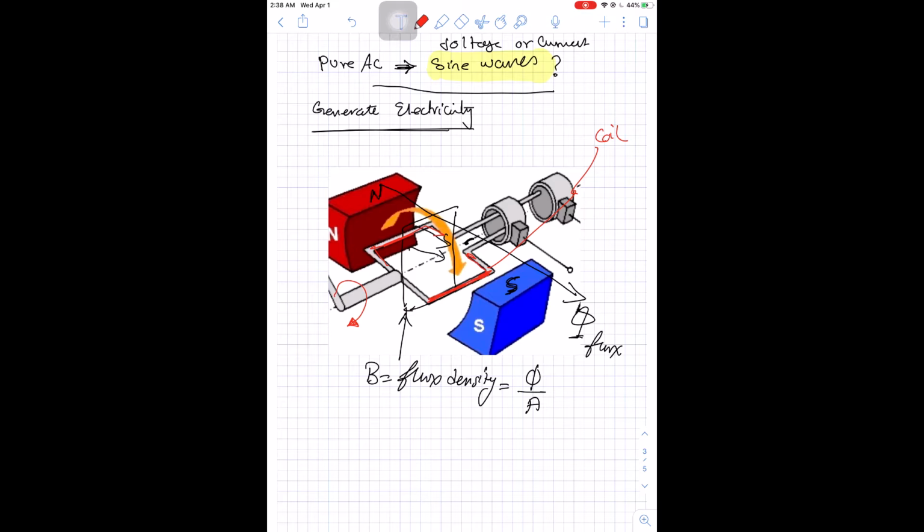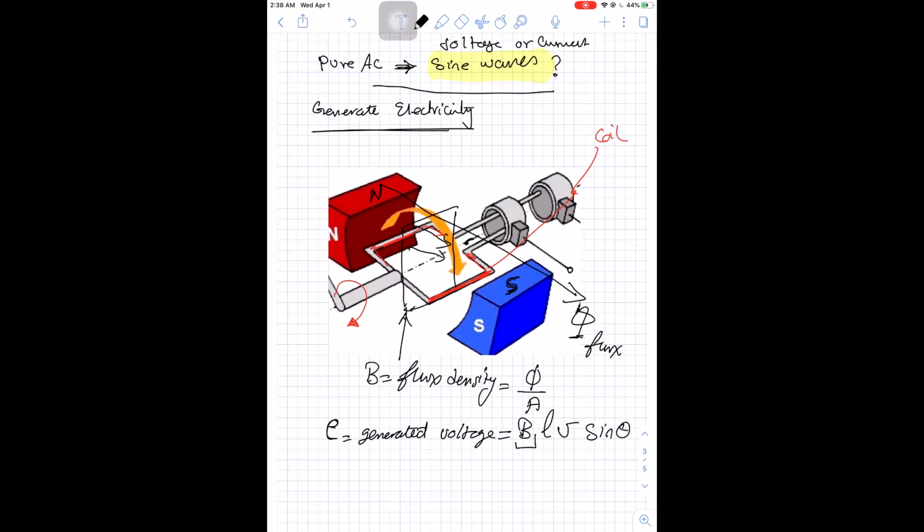If we have a coil or a conductor cutting a magnetic field, according to Faraday, we are generating a voltage. The amount of voltage generated, which we call E, equals B L V sine theta.